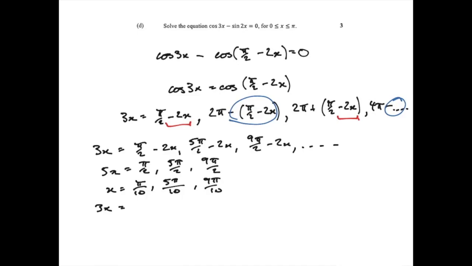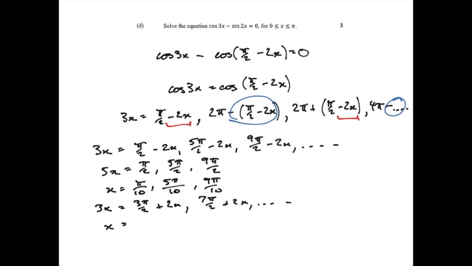Now let's look at all the blue ones. So that's going to be 2 pi minus pi on 2. So it'll be 3 pi on 2 plus 2x. And the next one will be 7 pi on 2 plus 2x. And that goes on forever. And then subtract 2x from both sides.